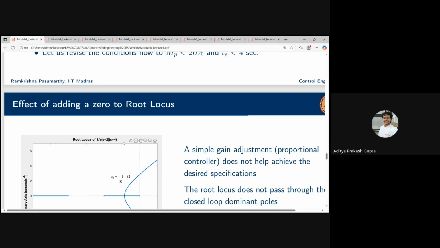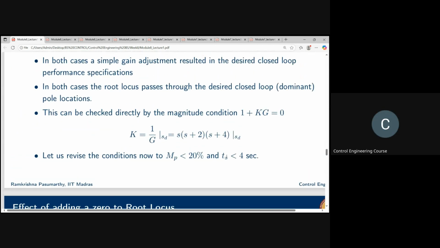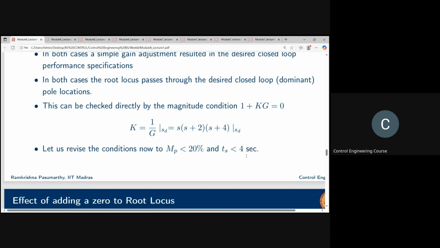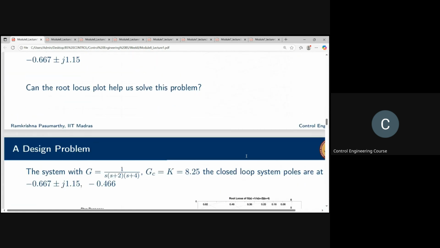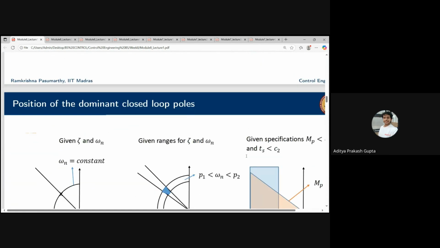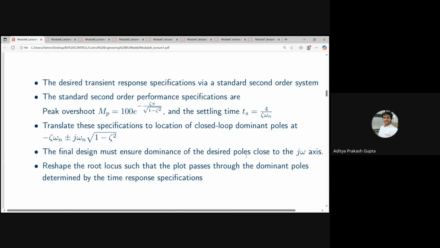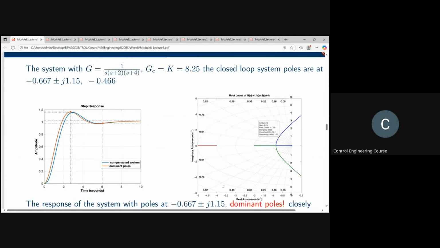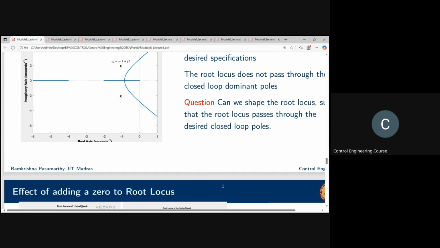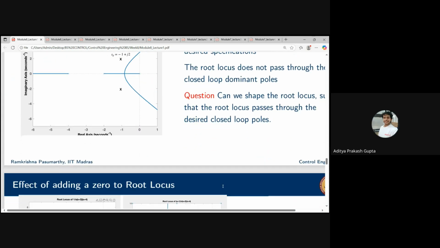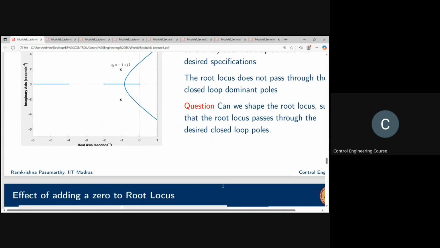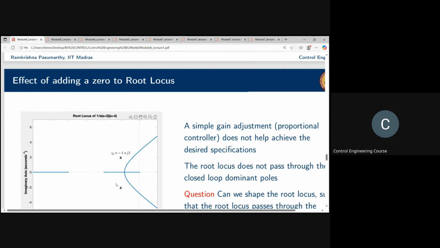Because if settling time is 4 seconds, what is the real part?